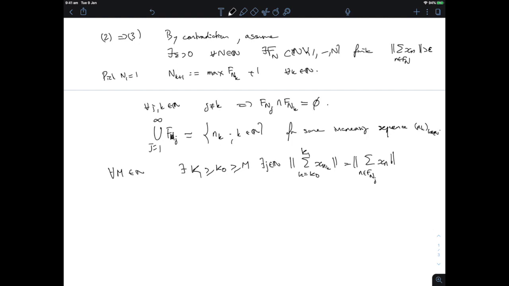You can give yourself any m large enough, and you can identify the elements of that subsequence with the elements inside some F_{N_j}.